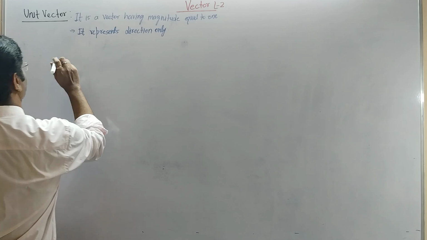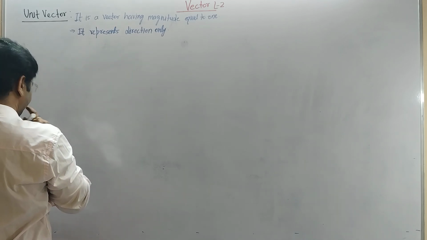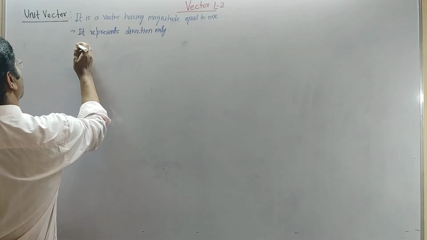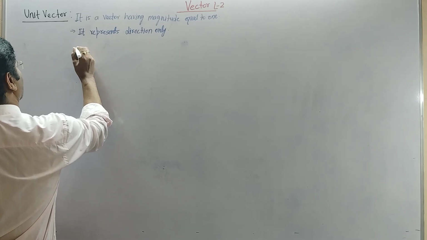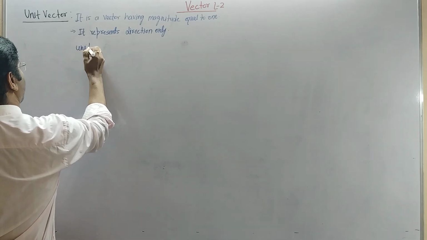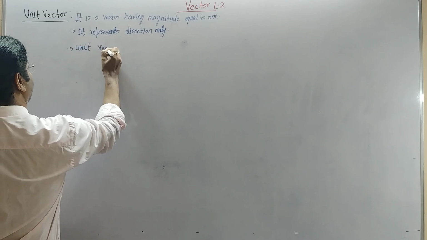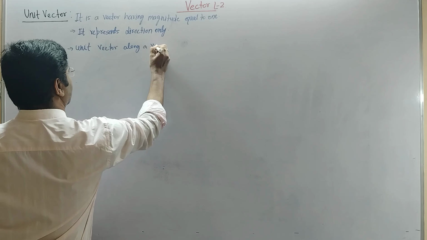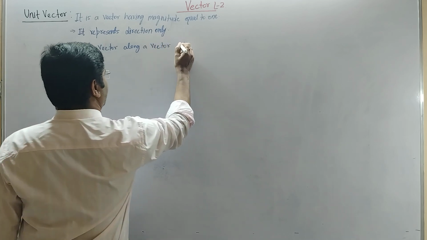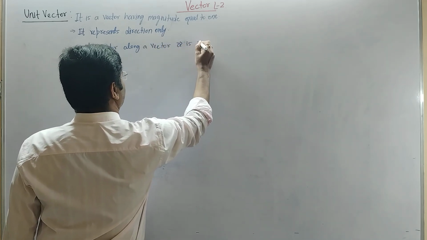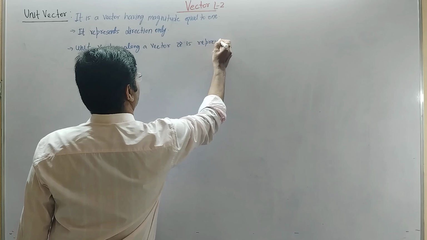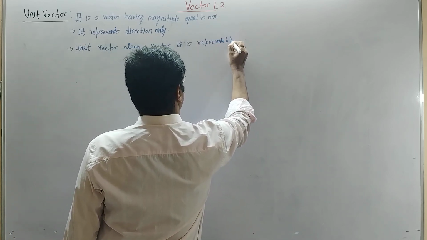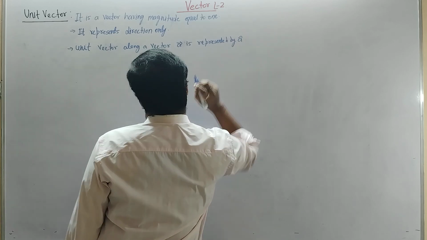Let's understand the representation first, then I will give an example. So the unit vector along a vector A is represented by A cap.